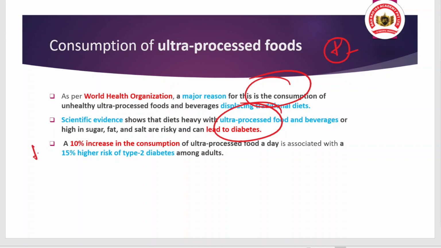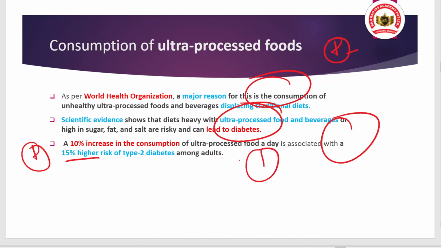And one important data point you can quote here: a 10% increase in the consumption of ultra processed food a day is associated with a 15% higher risk of type 2 diabetes among adults. So you can understand the role of this type of fast food in deteriorating our health.